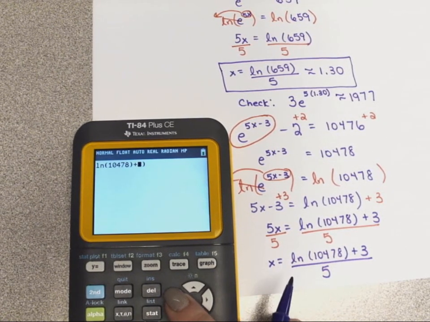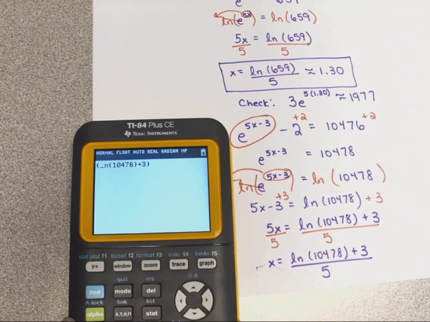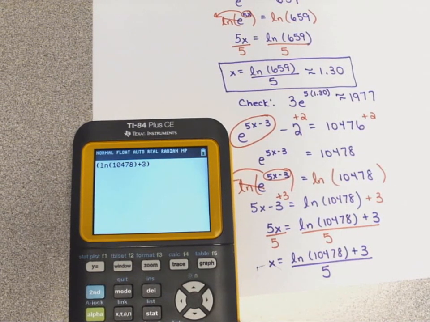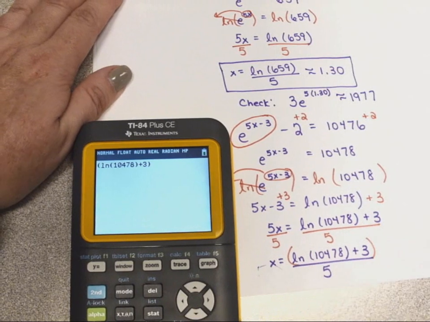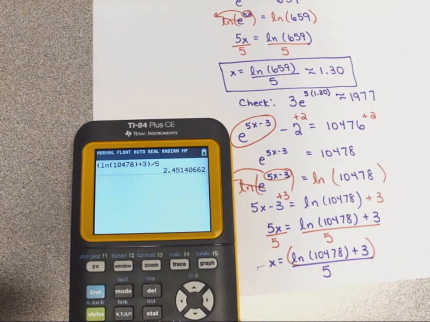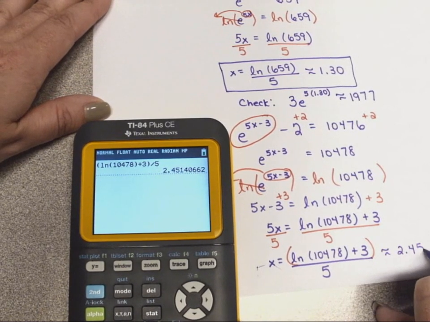But I am going to need parentheses around the top because the top has what? More than one piece, right? So notice I went in and inserted parentheses around the numerator, so you see what we did if you work this later on. And then you would divide by 5. So you get about 2.45.